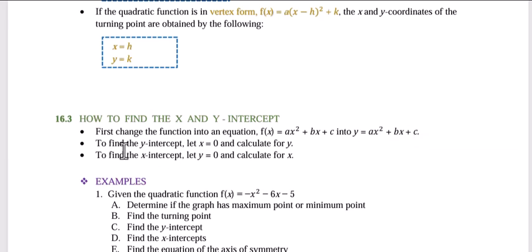To find the y intercept, we let x be equals to 0 and calculate for y.